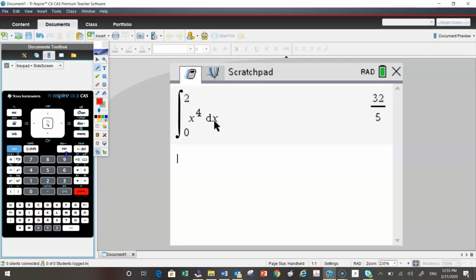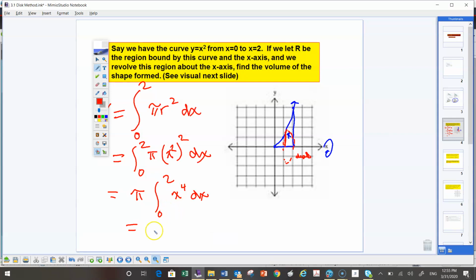If I get my answer, it works out to be 32 over 5. So the answer to my integral is going to be pi times 32 over 5, which is 32 pi over 5, the volume of my three-dimensional object.